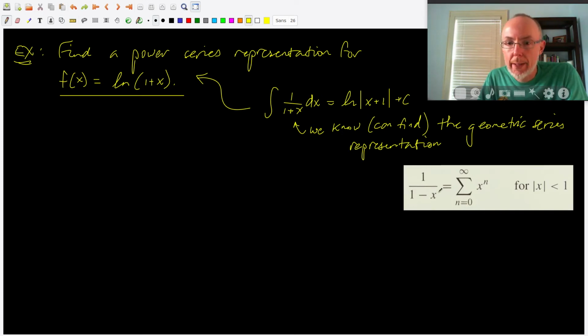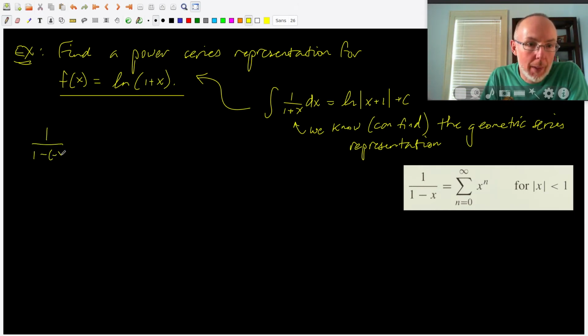Going back to what we know, 1 over 1 minus x is this summation, so we conclude that replacing x with minus x is going to give us what we want. That's 1 over 1 plus x. And that's going to be the sum from 0 to infinity, this infinite geometric series, of minus x to the power of n, because I've replaced x everywhere with minus x.